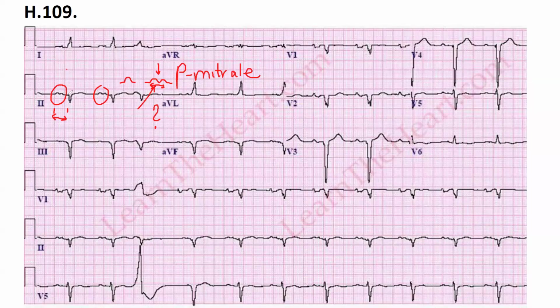Every P is followed by a QRS. However, the PR is longer. So this is a first degree AV block. Am I right?